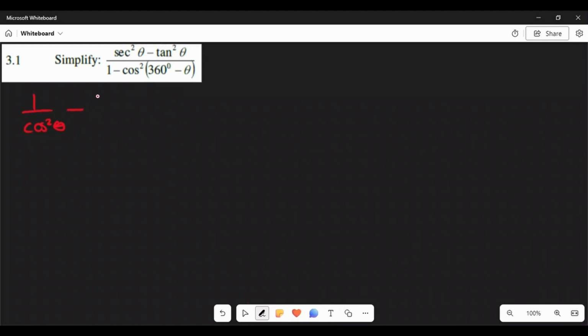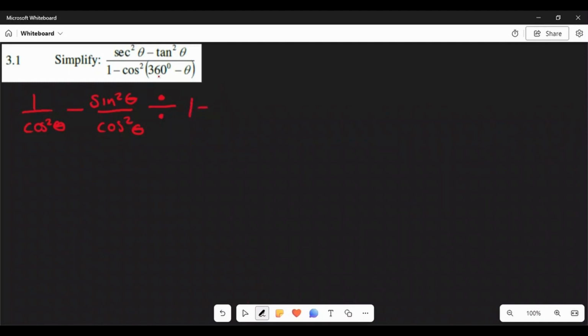That tan squared, you can use the quotient identities and write sine squared theta over cos squared theta. By the way, this solid line here represents division, so you can write it like this, and then we can say divide by 1 minus.